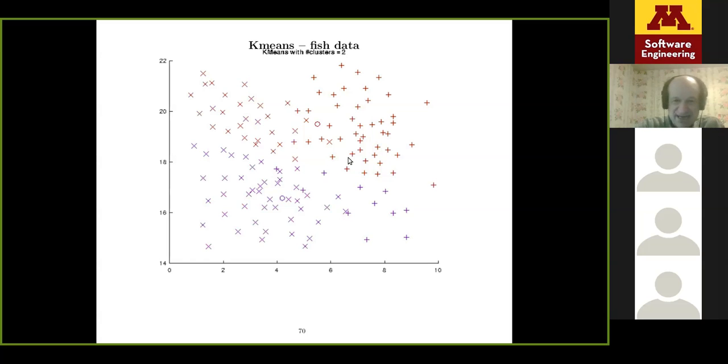Everything above this line is classified as red or sea bass, and everything below is classified as the other one. And I shouldn't say classified as sea bass because it's just in cluster 1 and cluster 2. I don't know what the labels are. So this shows that clustering can do quite well, but you have to be careful how you interpret it.